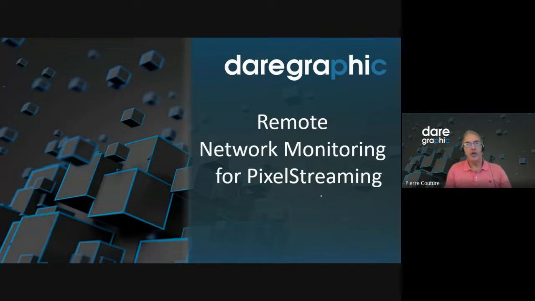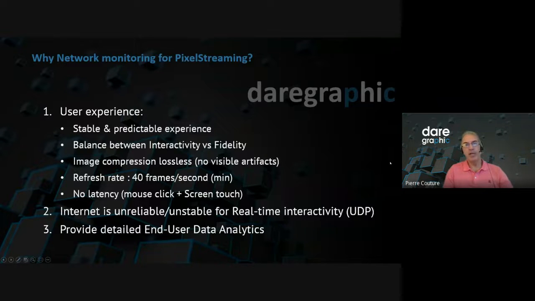And what I want to talk about is network monitoring when we do a pixel streaming session. Basically, we are looking at it first and foremost from the end user perspective. The user expects a stable and predictable experience.